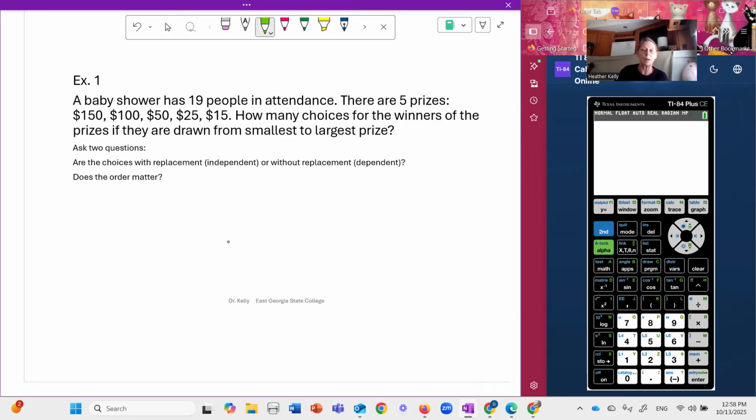So does the order matter? Yes, and when order matters, we use the nPr. All right. Here, our n is the total number, which is 19, and our r is the number of choices we're going to make, which is 5.